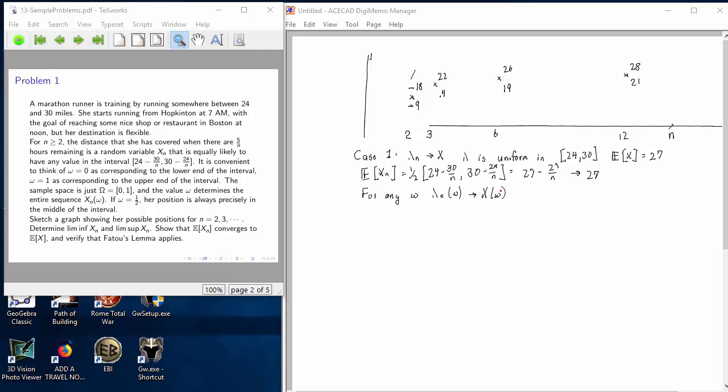That just means if omega is 1/2, her sequence of positions eventually converges to something halfway in between 24 and 30.